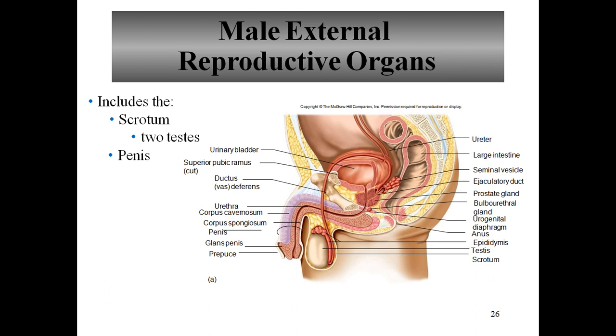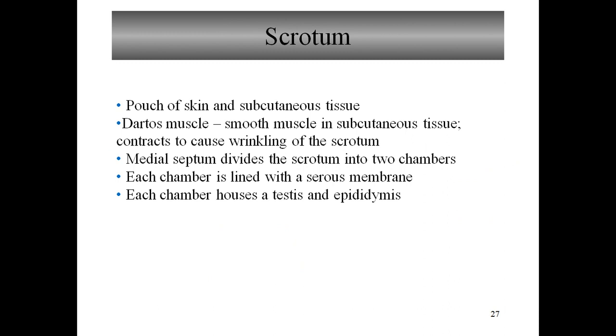Each chamber of the scrotum is lined with serous membrane, which helps the testis move freely within the scrotum. So movement is very important, and that movement of the testis takes place in the scrotum.